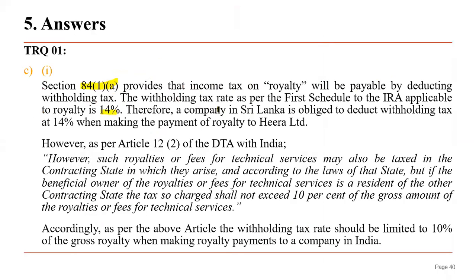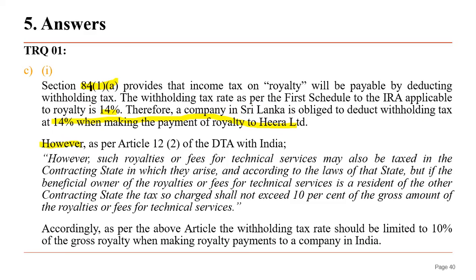Therefore, a company in Sri Lanka is required to deduct withholding tax of 14% when paying to Hera. It is clear. However, first of all you need to highlight the act provision.